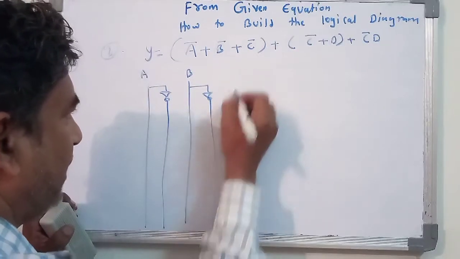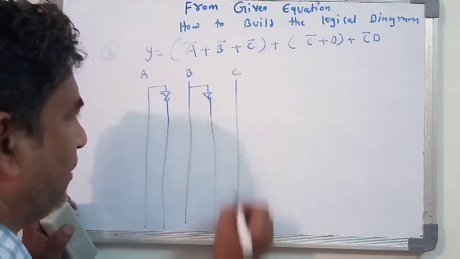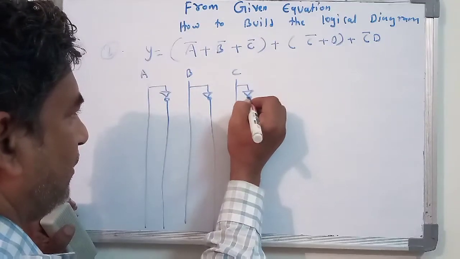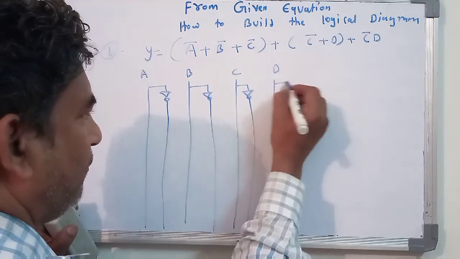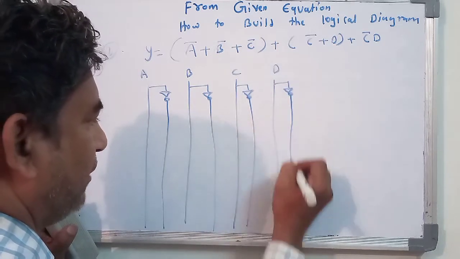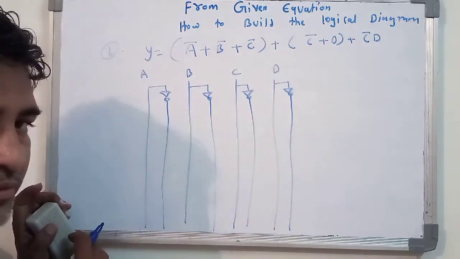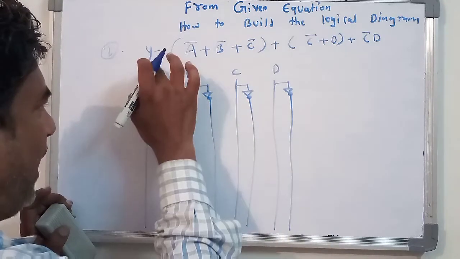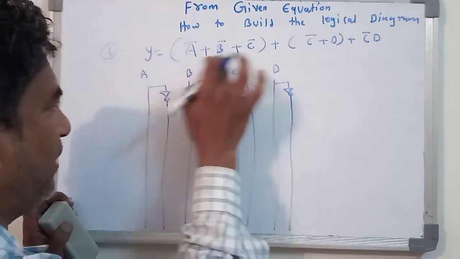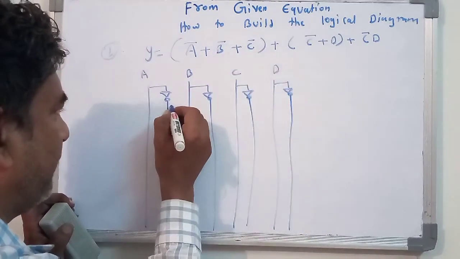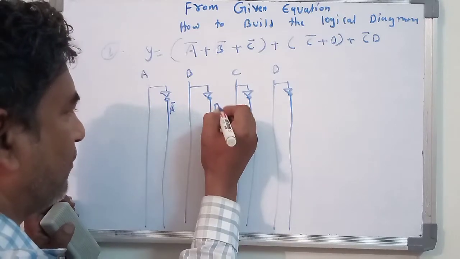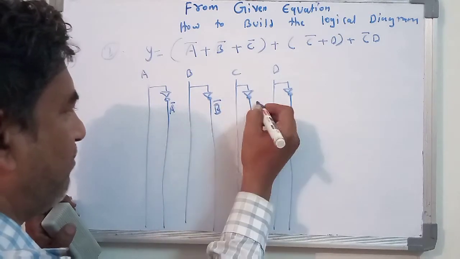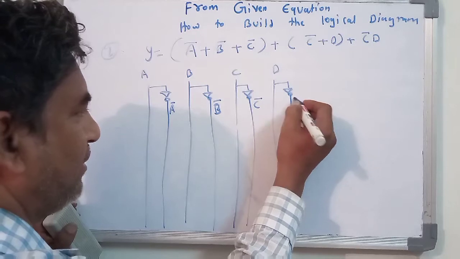Then C, again you connect one inverter. Then D, again you connect one inverter with the D input. Simple. At the output of each inverter you write down the inverted value, that is A bar, B bar, C bar and D bar.